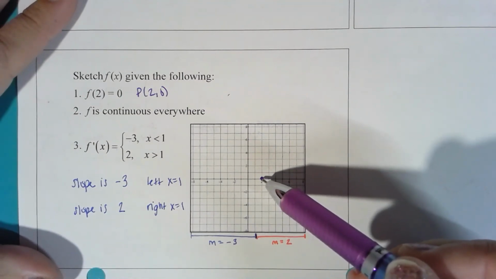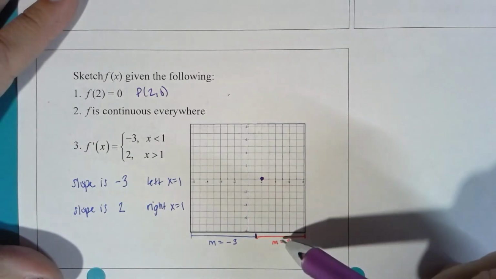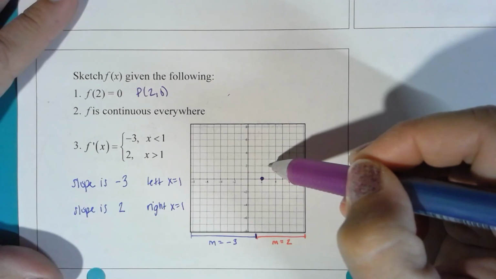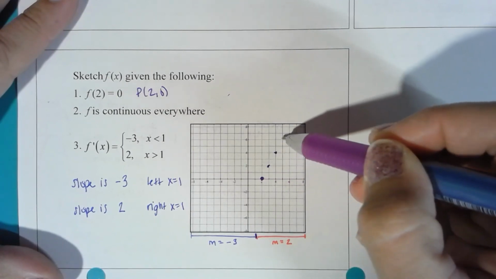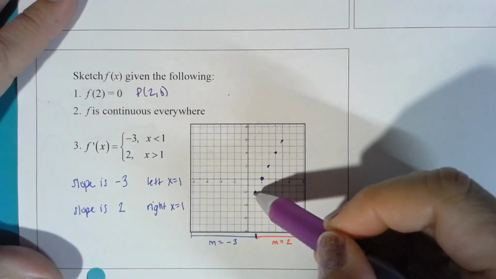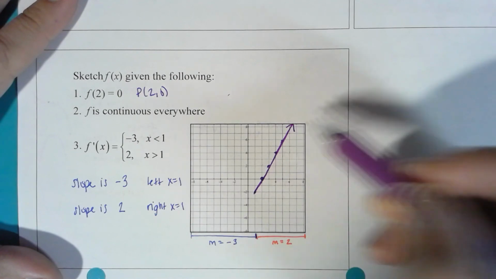Well, if it has to pass through this point, maybe I start there. In this whole section, my slope is 2, and I want to go through that point. So let's start there and go up 2 over 1, up 2 over 1, up 2 over 1. I could also go down 2, left 1, but that gets me to x equals 1, so let's stop there. So there's my right side.